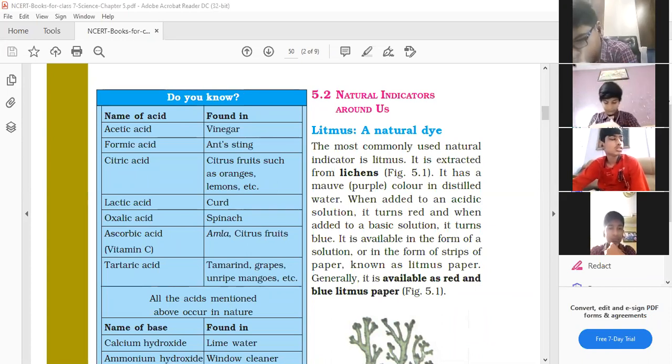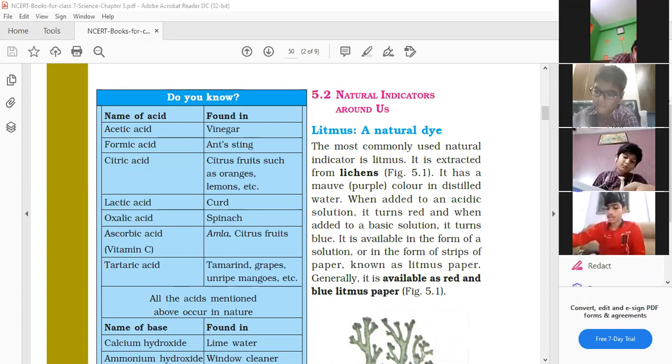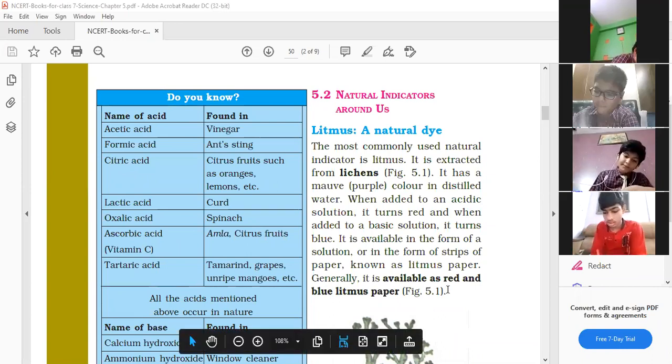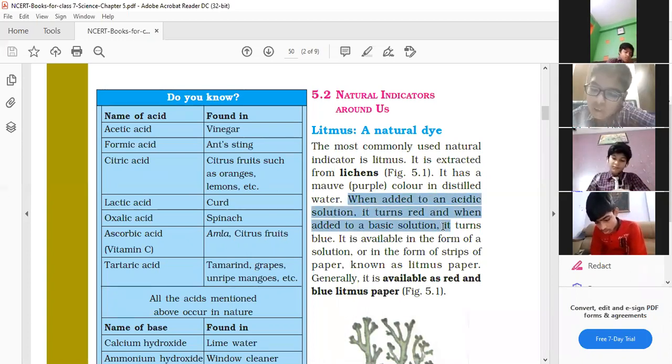So, children, I want everybody to underline. This is very important. The first natural indicator is litmus. Litmus paper is available in two colors: red and blue litmus paper. When added to an acidic solution, it turns red, and when added to a basic solution, it turns blue.